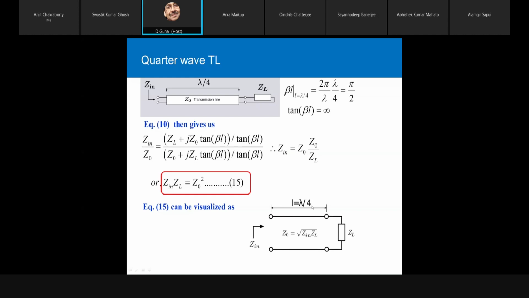When I know my lambda, I know the lambda by 4. So I am taking the transmission line of that section. For what? Now you look, definitely I have some intention. What is the intention? I have one load. I have both sides. One is the load side, another is the input side.